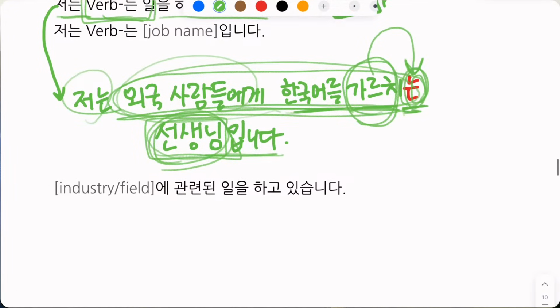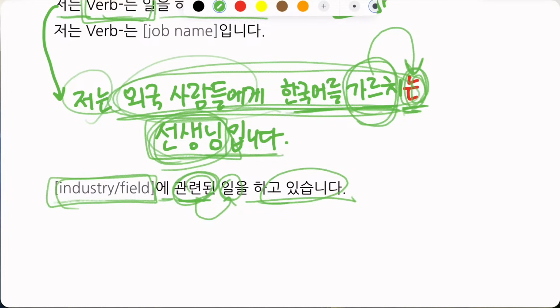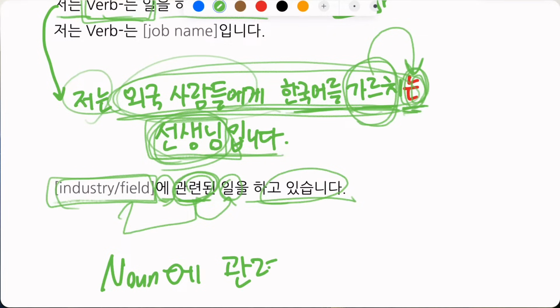그리고 an even more advanced way to say it would be industry field에 관련된 일을 하고 있습니다. If you don't want to be specific, but you want to give the other person the overall idea of what you do, then you can say, I do a work 관련된, that is related to. 뭐뭐에 관련되다 means to be related to. noun에 관련되다, to be related to this field. 관련된 일을 하고 있습니다.